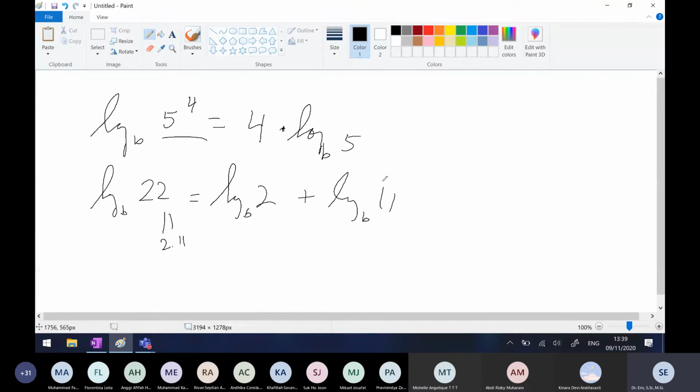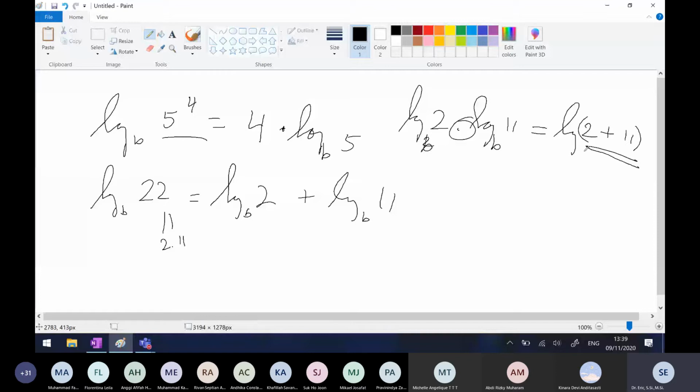Okay, it simplifies things, but don't forget, with base b, this is not the same as log 2 plus 11. Very, very careful, because we are simplifying things. This is from multiplication, from addition into multiplication. It makes things harder, and from the hierarchy, it goes up, not down.